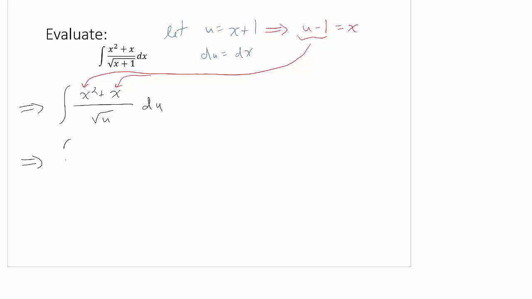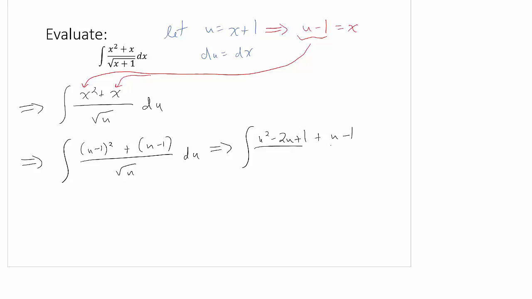And so then I would have the integral of (u minus 1) squared plus u minus 1 over the square root of u du. And now I can simplify that numerator. Let's see, (u minus 1) squared, that's u squared minus 2u plus 1. And then I'd have a plus u and a minus 1, and that's still all over the square root of u du.